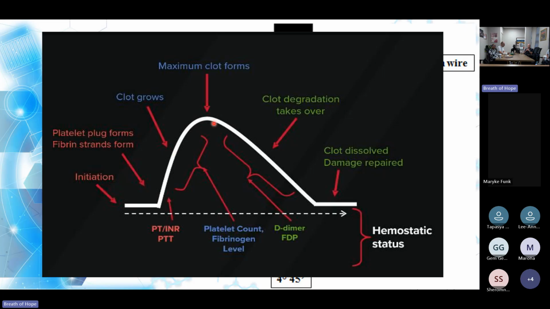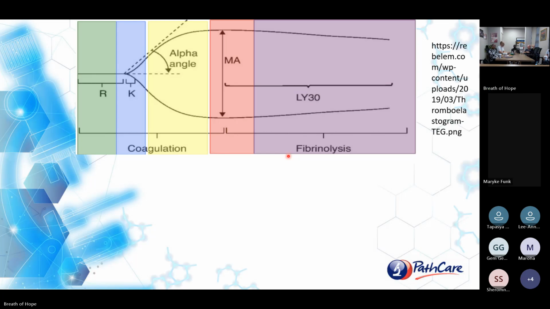Then you have the clot growth, which is the equivalent of your INR and your PTT. Then you have the maximum clot, which is heavily dependent on your platelets and your fibrinogen. And then after that, there's clot degradation, fibrinolysis, which is the equivalent of a D-dimer test in the lab. And then eventually the clot is completely dissolved. So it creates this trace, and then it measures numbers off the tracing.